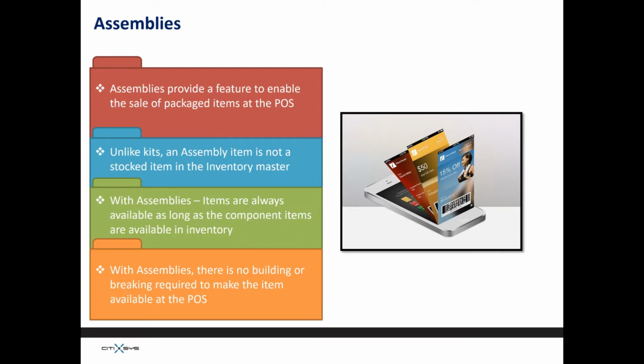With assemblies, the items are always available as long as you have the available stock for the components. In this case, you don't break or build assemblies. You just define how the assembly is set up, and then all you do is sell the parent assembly, and all the different components are pulled from the inventory.